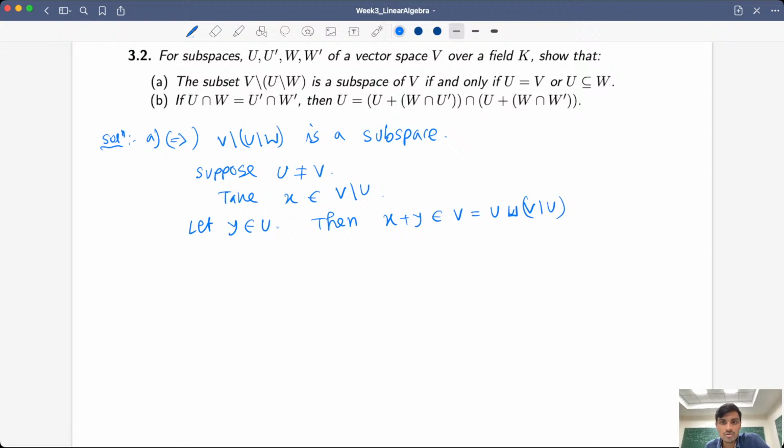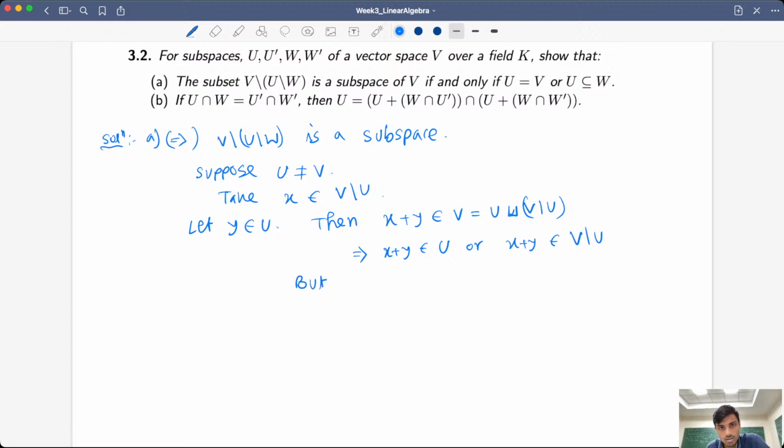But if X plus Y belongs to U, and also Y belongs to U, and U is a subspace, I get that X equal to X plus Y minus Y is a valid element in your subspace U, so that belongs to U. But our choice, X does not belong to U, so this must belong to. So this implies X plus Y belongs to U, or X plus Y belongs to V minus U.